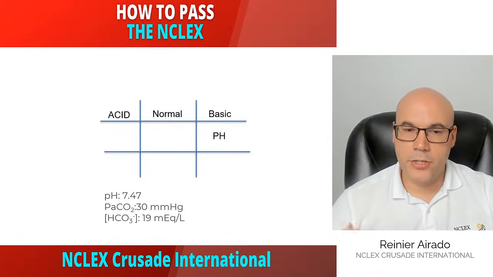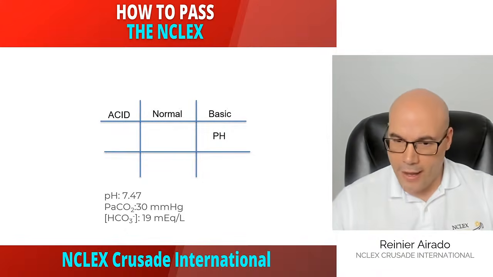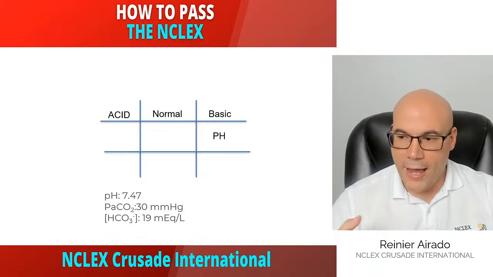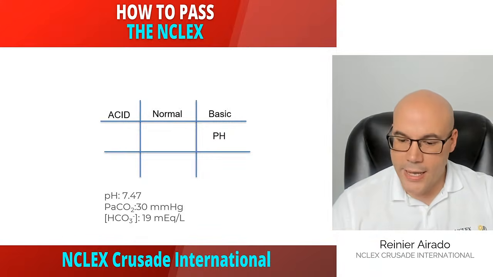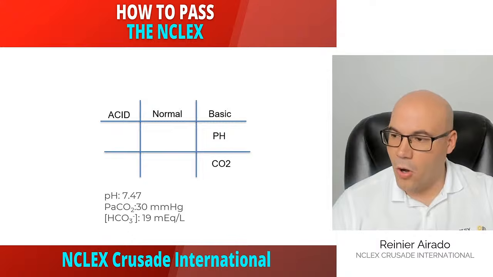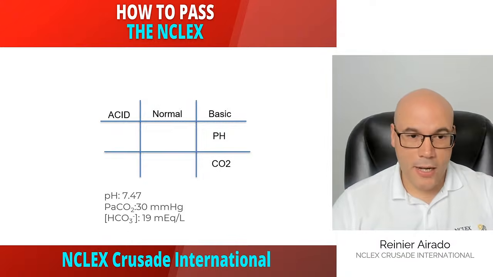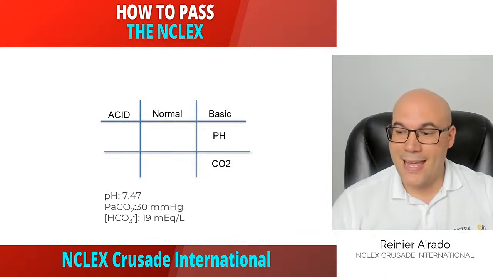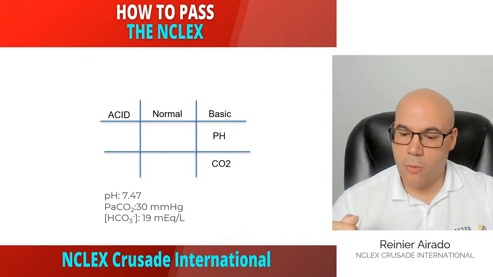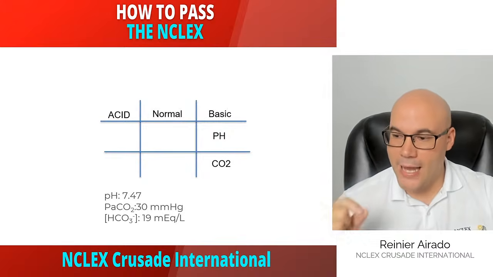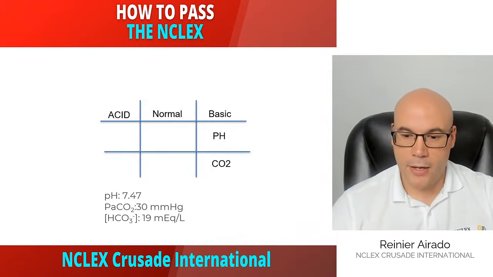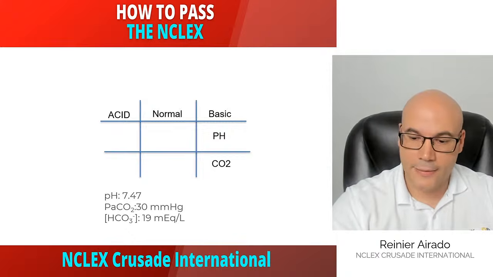Remember the normal range? 35 to 45. Below 35, the CO2 is basic or alkalotic. And the bicarbonate or HCO3 is 19. It is below normal range, and we're gonna put the HCO3 or bicarbonate under acidic. Okay?